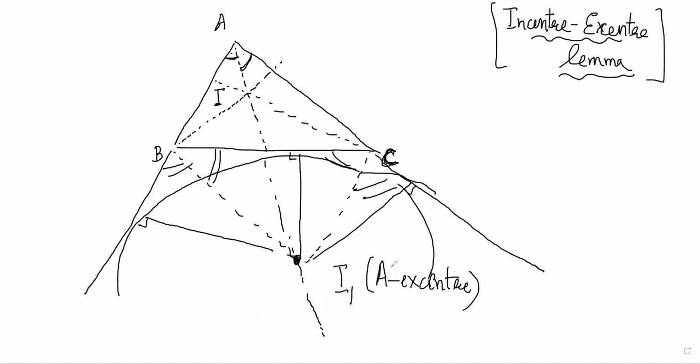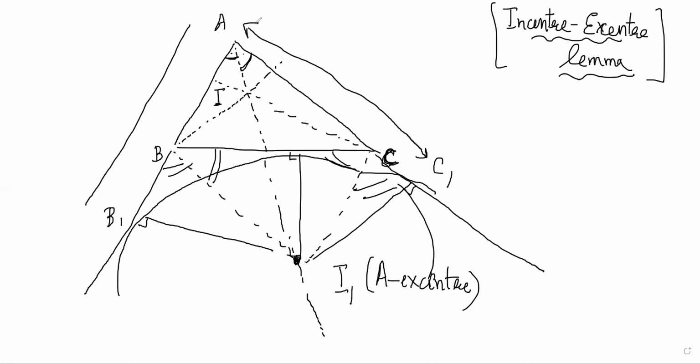Some new things he might be showing here. Like if you label these as B1 and C1, you can say that AB1 will be equal to AC1, right? Because they are tangents to the same excircle from a common point A. So you have AB1 equal to AC1, and AB1 is equal to AB plus BB1, and AC1 is equal to AC plus CC1.